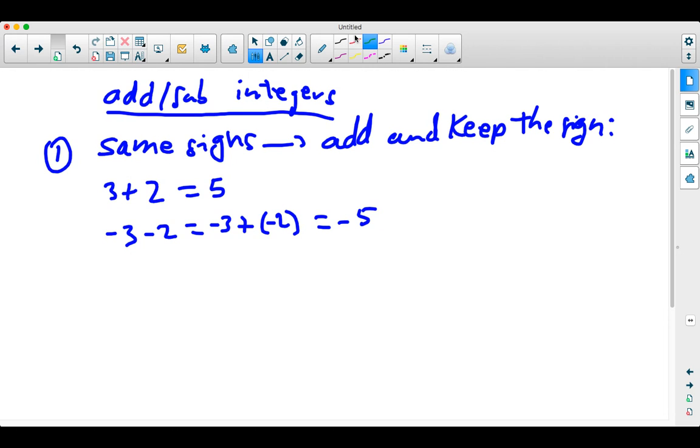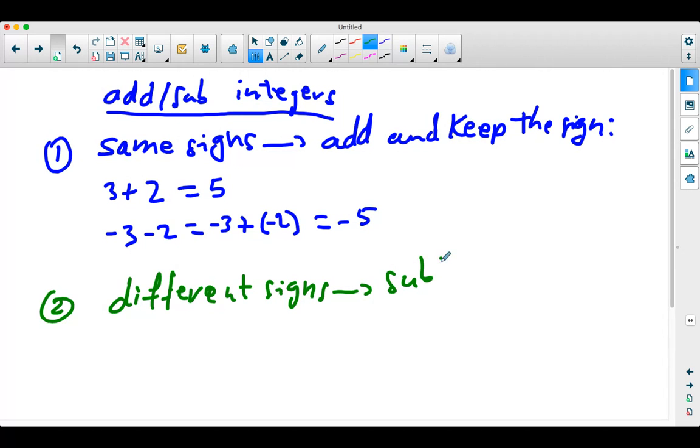And the other one that you need to remember is rule number 2. Okay. When the signs are different, then what you need to do is subtract. Once you subtract, okay, the sign of the number that you have more of, that sign stays.